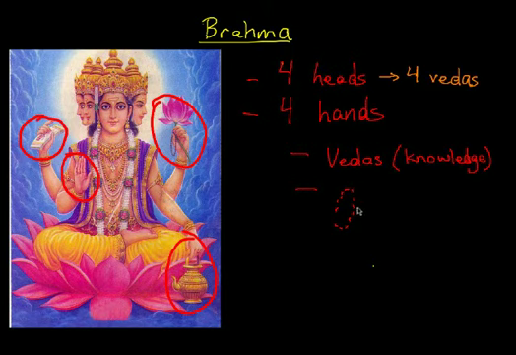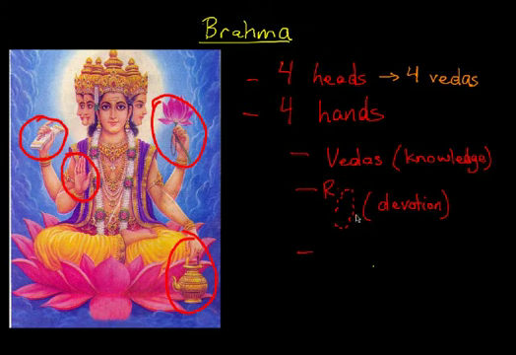And right here he has a water pot. And the water pot, again, he's the god of creation, so the water pot symbolizes water, which leads to creation. This is his main symbol that really clarifies. I mean, knowledge and devotion are elements in every god, but the water pot is really his main symbol that he is the god of creation.